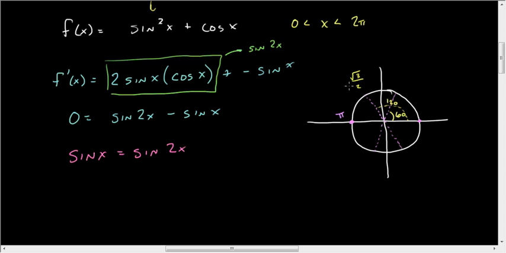So this is 1/2, and this is negative 1/2, comma square root of 3 over 2. So when x is 60, then 2x is 120, and they share the same sine values. So as we list them, we have pi, we have 60 and 120, and so we have a solution at pi over 3, which yields 2 pi over 3 for the other angle.